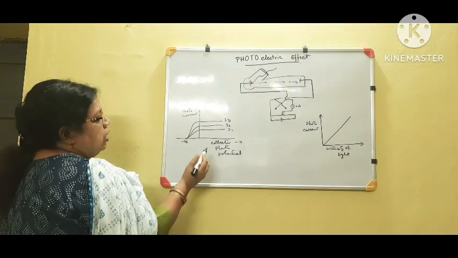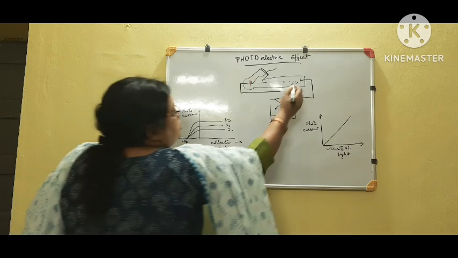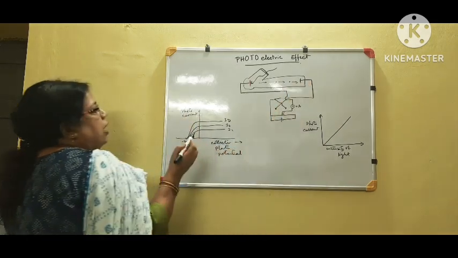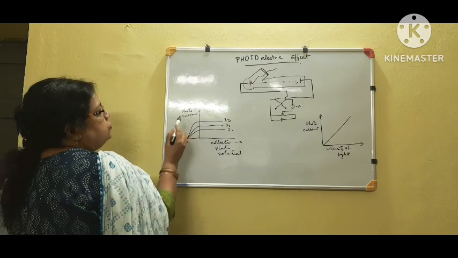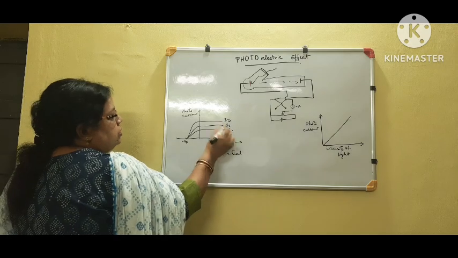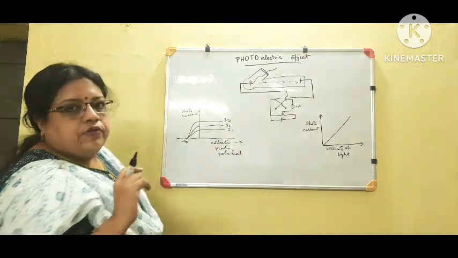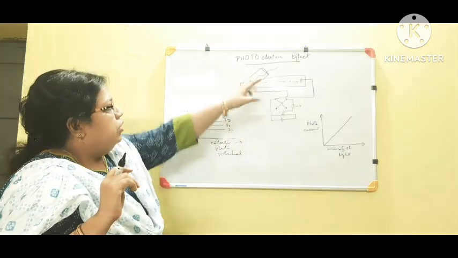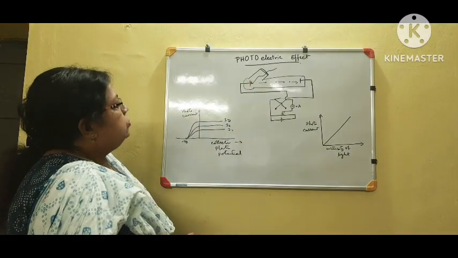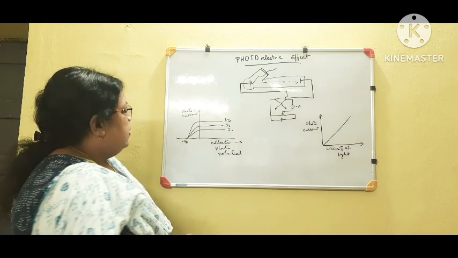The X parameter is the collector plate potential. This is the collector of the electrons, and the photocurrent is along the Y axis. I1, I2, I3 are three different intensities of light falling on the photosensitive plate.